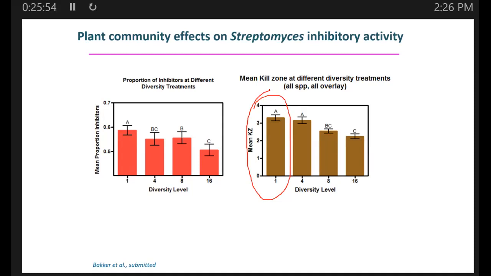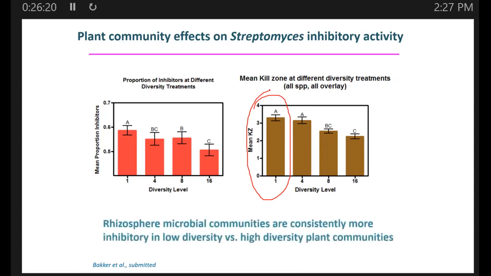We thought a polyculture system would be better, but it's actually showing the reverse for this particular question that we're asking. How do we get these biocontrol agents to be better at inhibiting or killing the pathogen? It seems like a monoculture plant growth system was actually doing a better job at creating better killers against the pathogen. And so low diversity just means a monoculture.